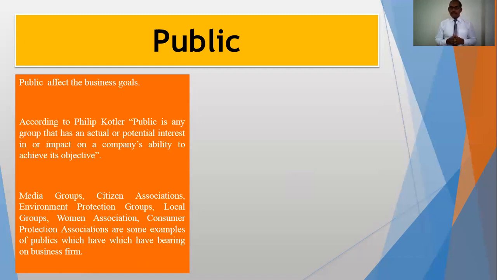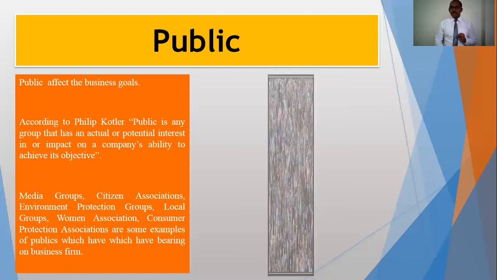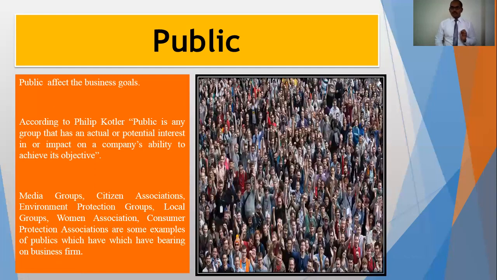Take an example here. Any environment protection group may drag a company to court for their activities against environment protection or for their activities of damaging the environment. That kind of action will influence the business activity. Therefore, the company must take these public actions into consideration while framing its policies or while running its business activity.